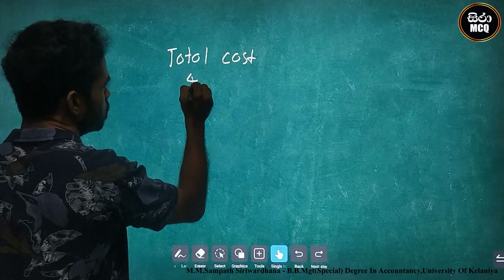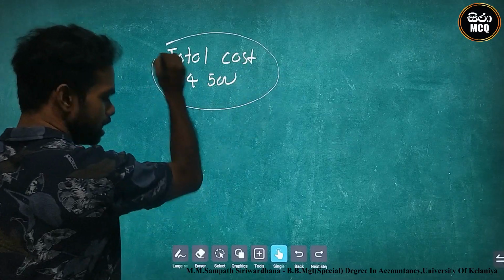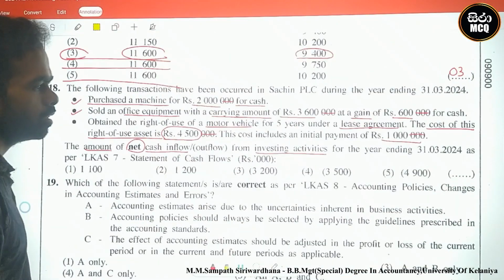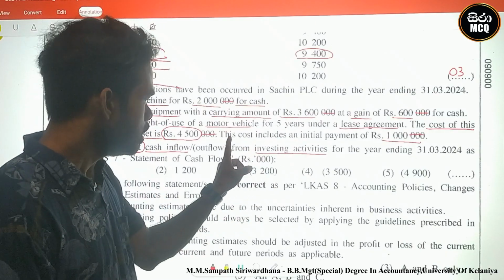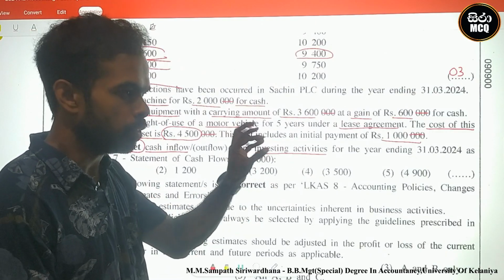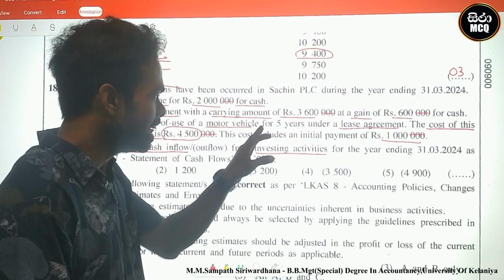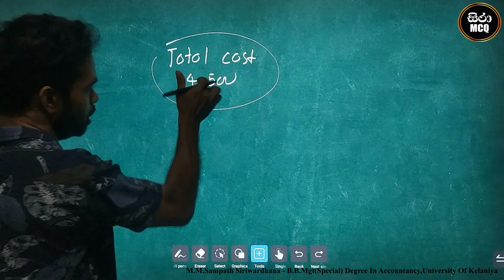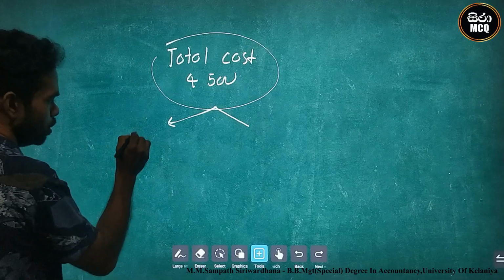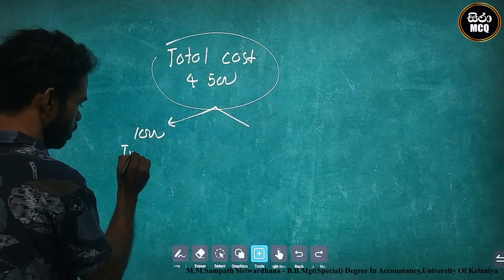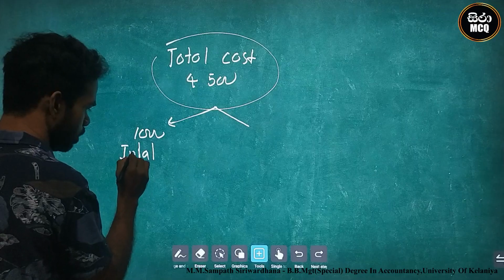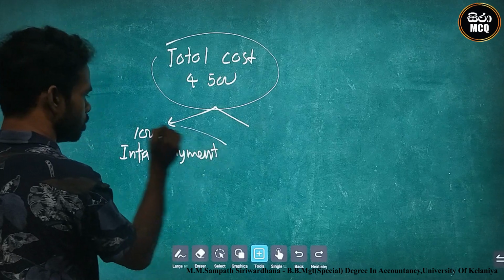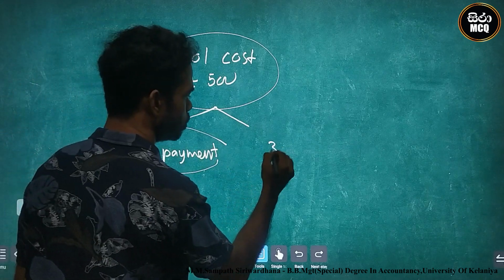They said this cost includes an initial payment of 1,000. What is the remaining? The remaining is 3,500.